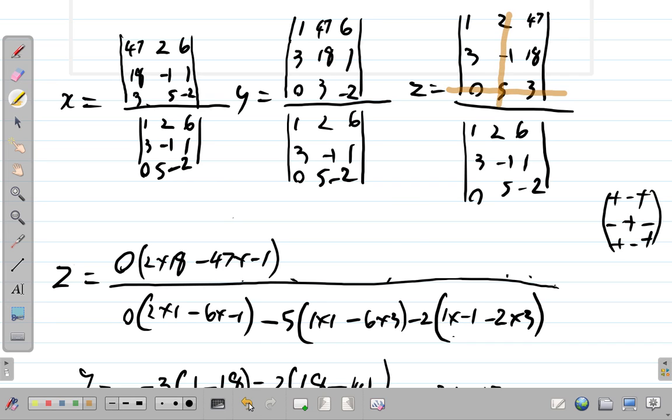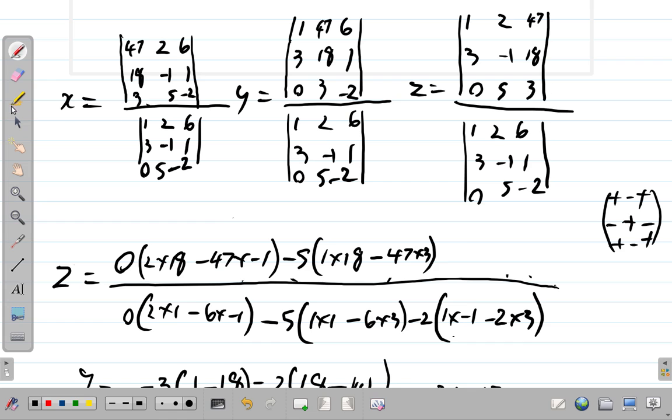So we cover the row and column that contains 5. Alright? So then you would have, and it's a negative 5 times. The uncovered rows and columns contain 147, 318, so it's negative 5 times 1 times 18 minus 47 by 3.